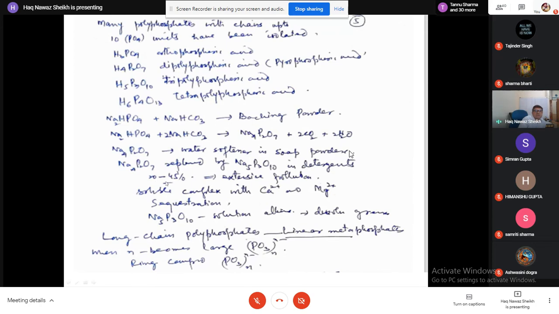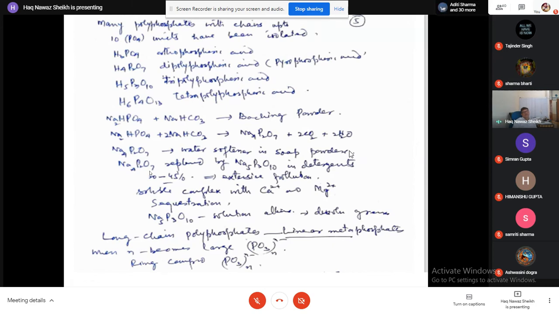Now all the solid detergents, the powder detergents, contain it, even liquid ones; some companies also market liquid detergents. They contain 20 to 45% of this salt of triphosphoric acid, and some advanced countries have limited it to less than 20% because of the pollution that phosphate causes.